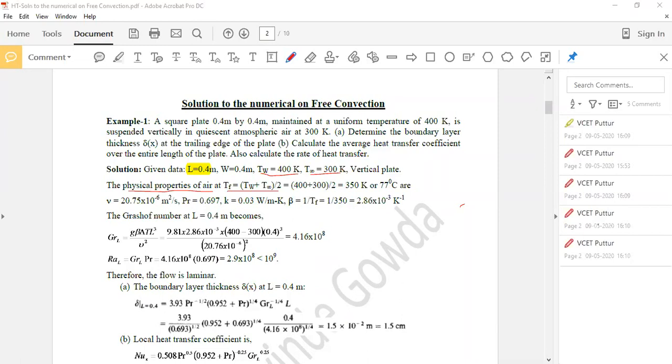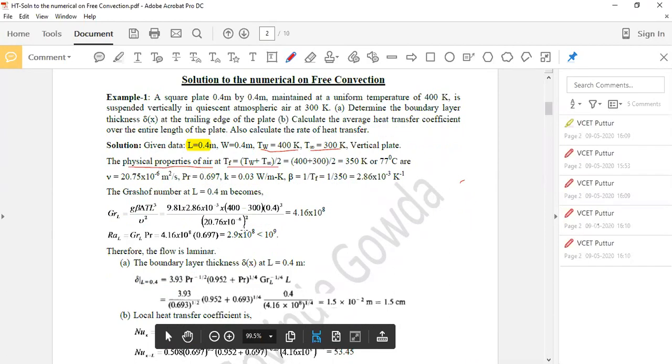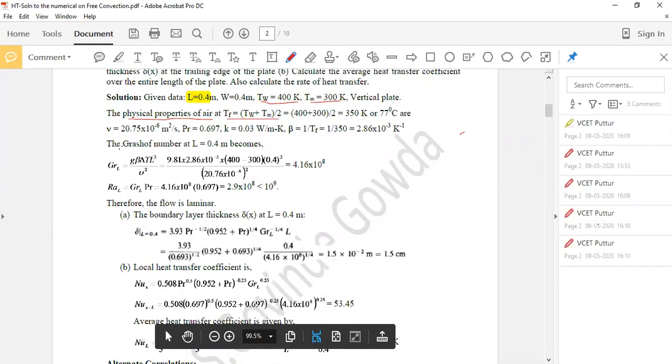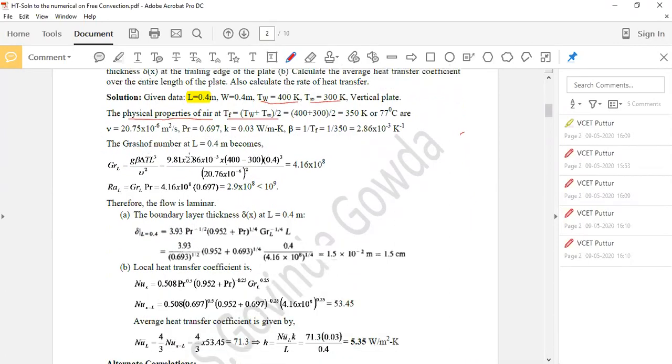That's another issue. So therefore, once you got the values, now you have to calculate the Grashof number at L is equal to 0.4 meter from the bottom.